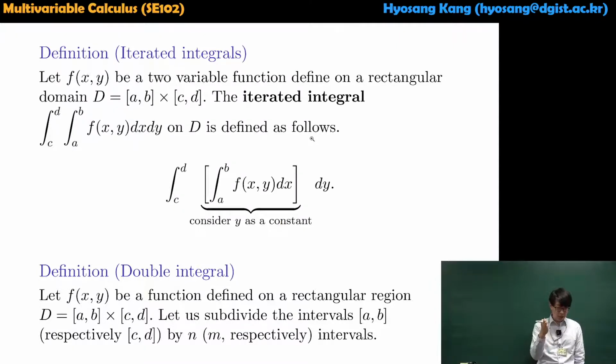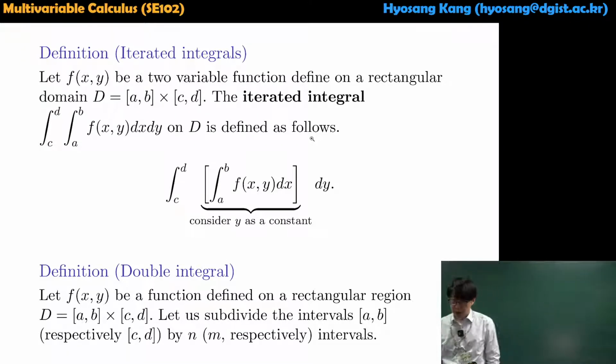When you learned that in high school the first time, I think you remember that as area. The integration is the area under the curve. So here is a summary of what you know.